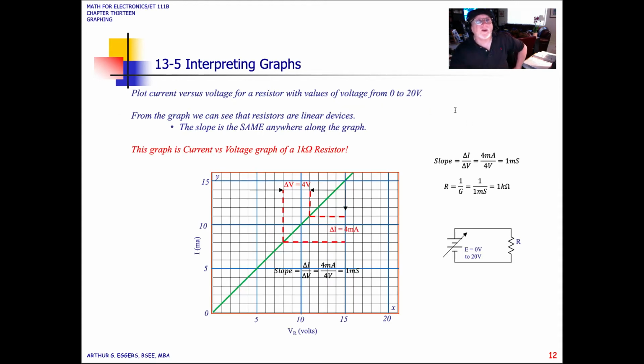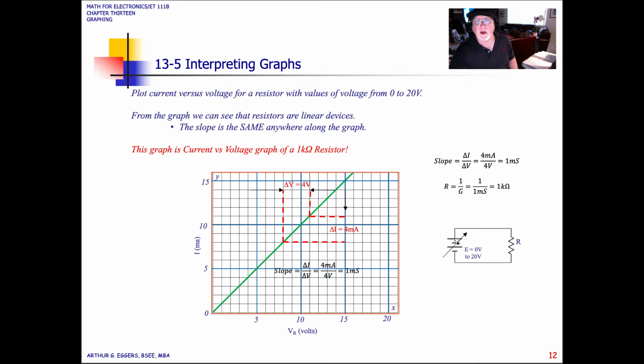In interpreting graphs, we need to plot values. In this case, very typically, we have the current variables on the y-axis and the voltage variables on the x-axis. What it really corresponds to is this simple circuit we see on the right, where we have some resistance value and a variable source where the source goes from 0 to 20 volts.